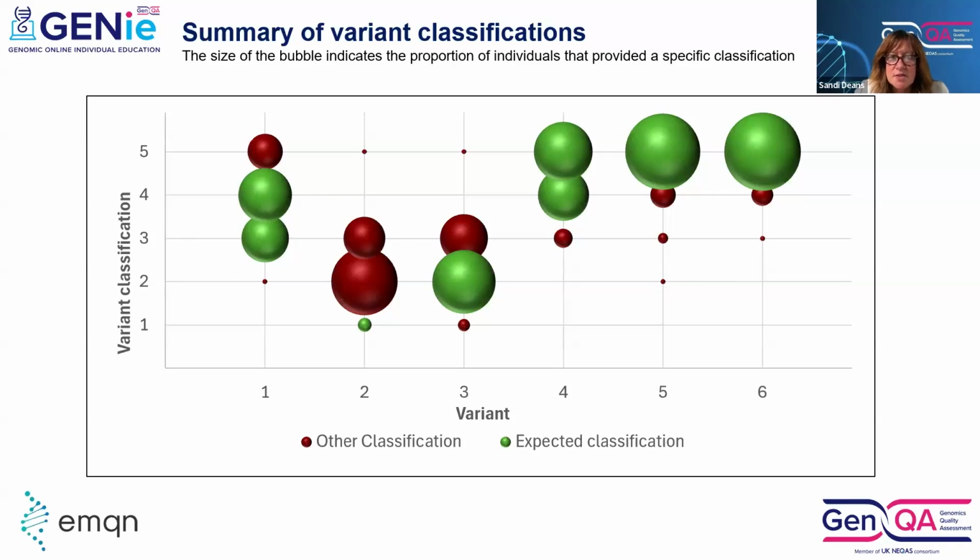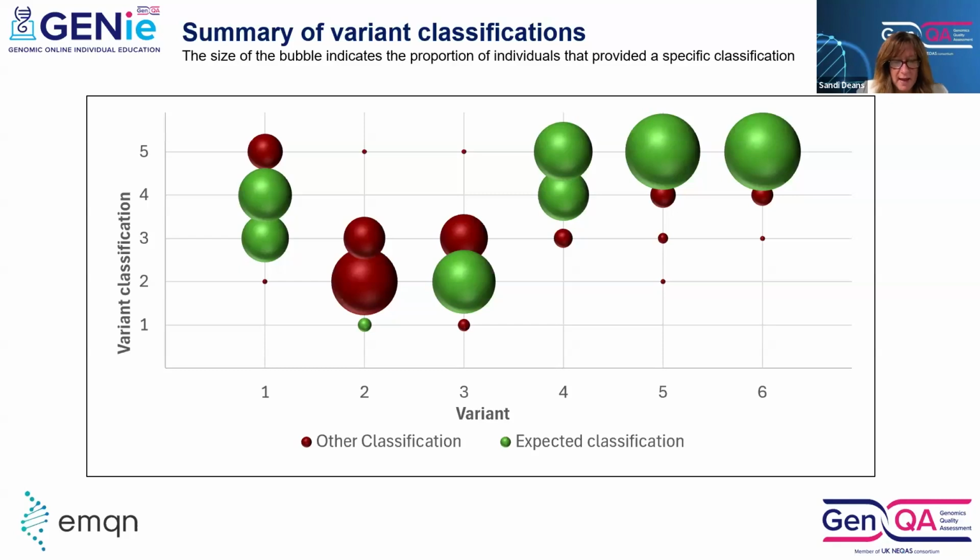So you can see here, just as we've very eloquently heard, that, for example, variants 5 and 6 have been classified really quite well, where the green expected classification is where the majority of individuals agreed with our panel. Variant 2, again, as we've just heard, there are reasons why the majority of individuals classified the variant as likely benign, whereby we had expected it to be classified as benign.